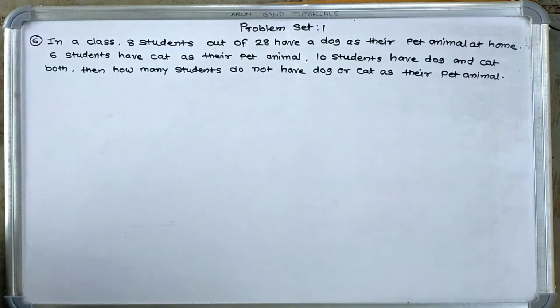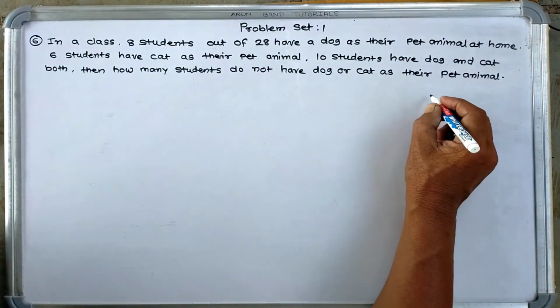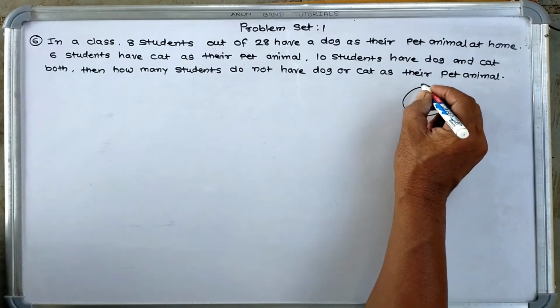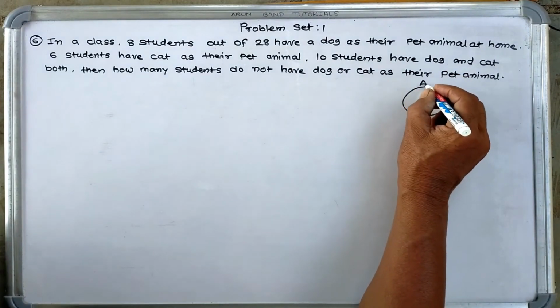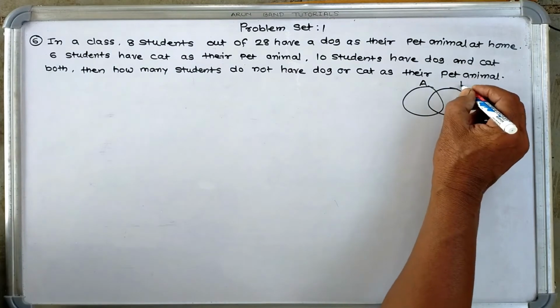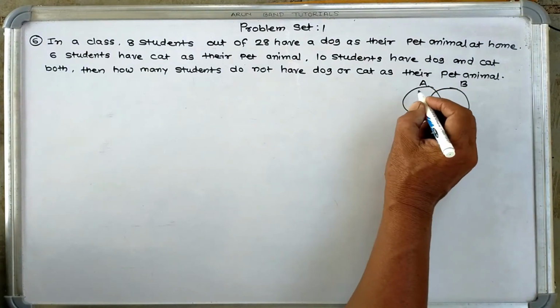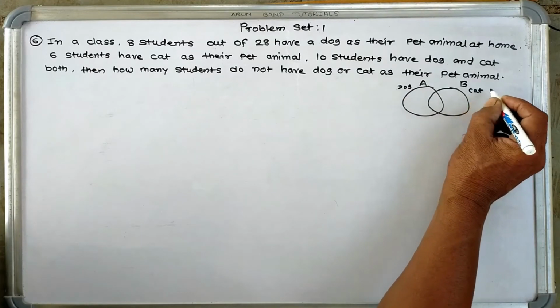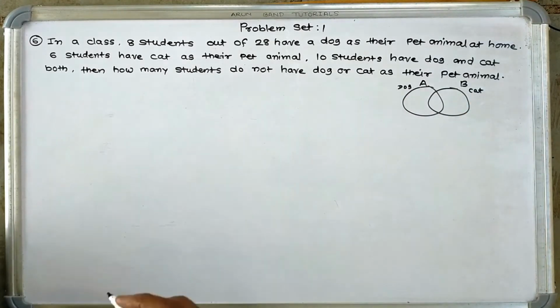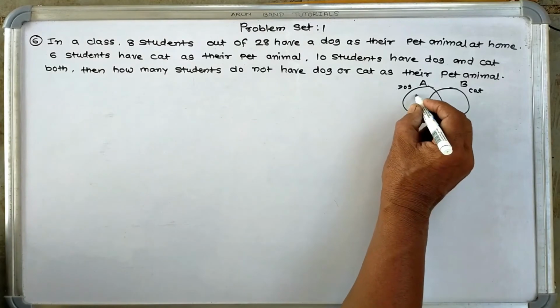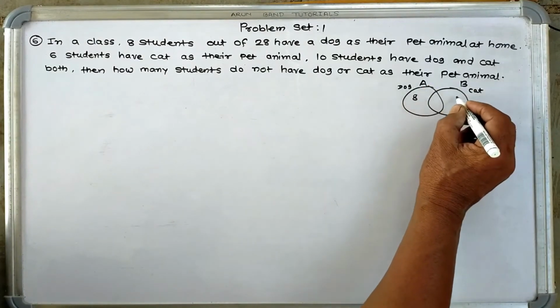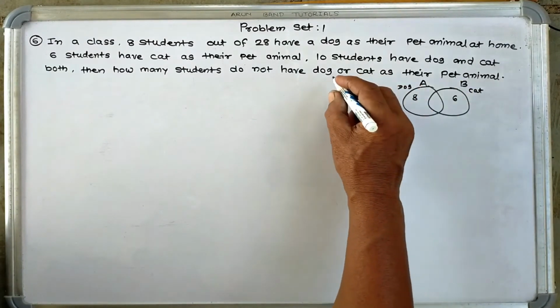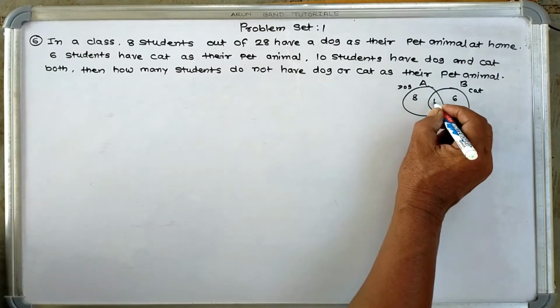If we look at the Venn diagram we can easily understand this. If we take set A, this is set A, this is set B, this is dog as pet animal, this is cat as pet animal. So here we can write, here are 8 students, here are 6 students, and here in the intersection there are 10 students.